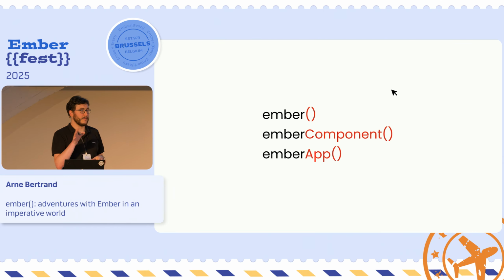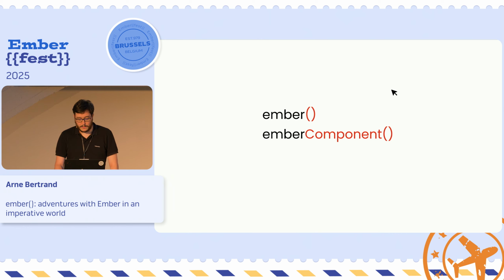We've kind of seen a little touches on that in various talks, but I'm going to show you exactly how to do that. That's the Ember app part. And also this thing with nested components inside of other frameworks. It would be cool if you could just call an Ember component as a function, I think. That's why it's called Adventures in Imperative Systems. So let's start with this component part.